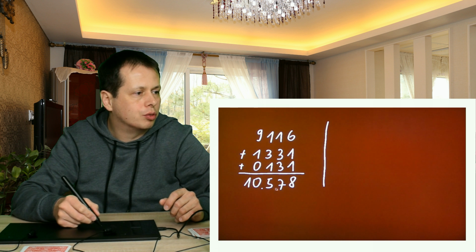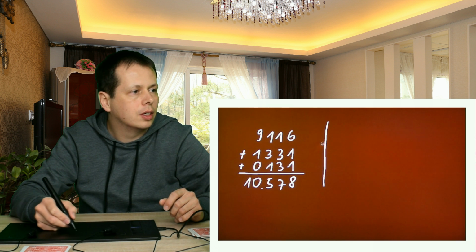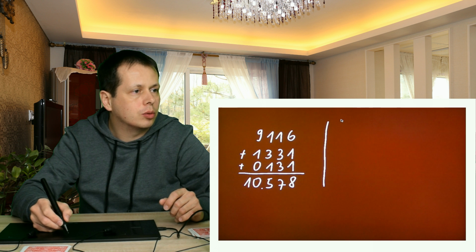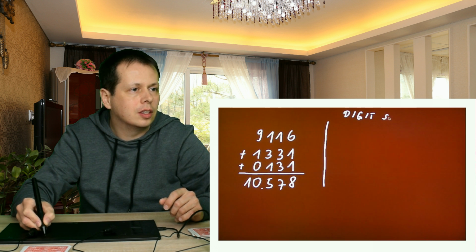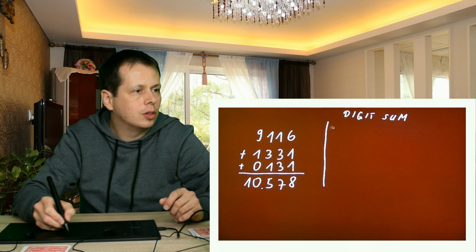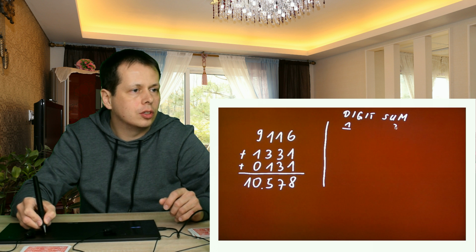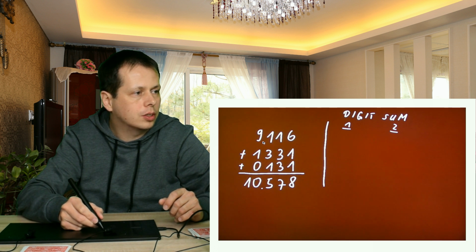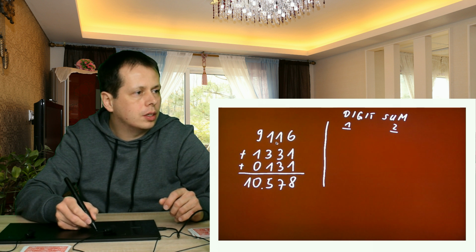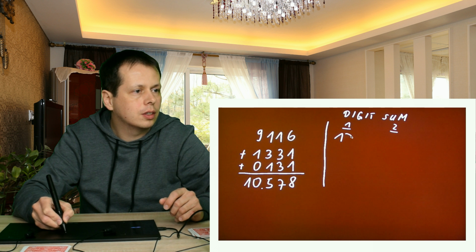And so we have now different digits here. And now again, digit sum 1 and digit sum 2 and digit sum 1 in this case is 10, 11, 17.